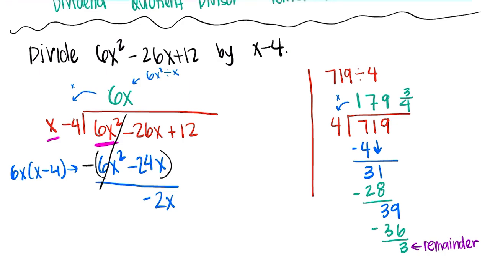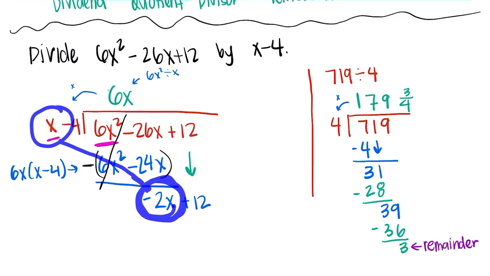We would do the same thing over here on the polynomial. I'd bring down the 12, which would give me my plus 12. And then again, I'm going to say we want to turn this x into the negative 2x. We're just going to look at just what came first. So, x, how do I turn an x into a negative 2x? What would I need to multiply by? We want to multiply by negative 2.